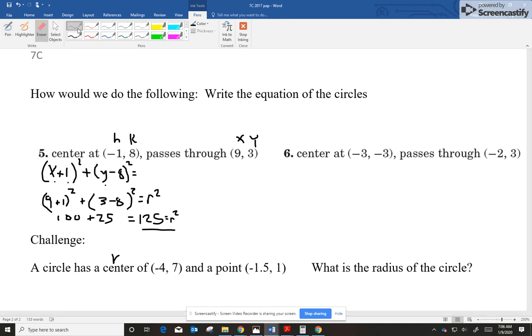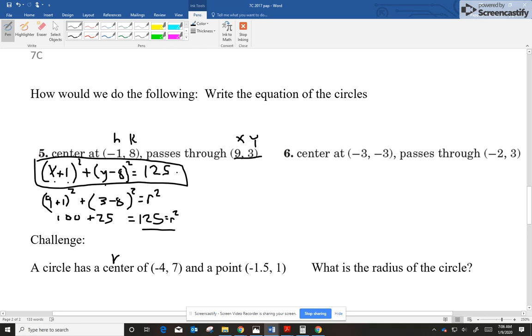And now we know our r squared, after subbing this whole thing in, is 125. So we just have to do the equation in a roundabout way to find our r squared, plugging these numbers in for x and y, and then we plug our r squared back into our original equation, just like that.